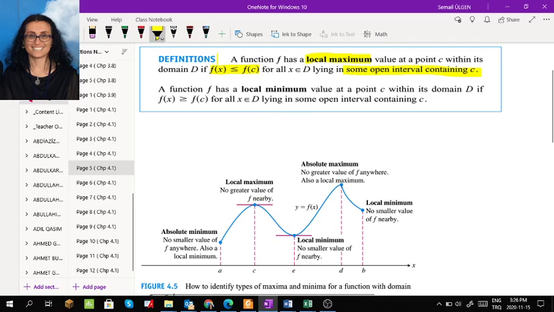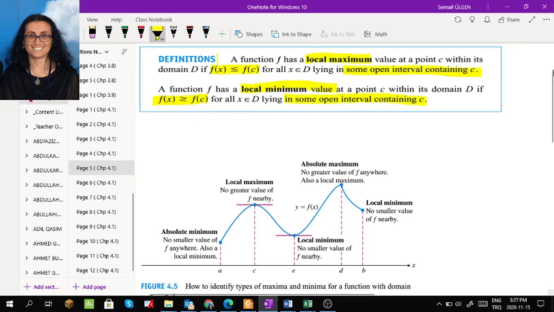And similarly, a local minimum value is attained at c if f of c is the smallest of all the values in some open neighborhood of c.